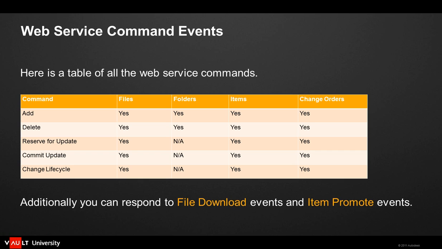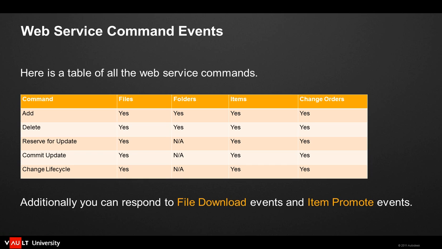So here's a chart that shows what actions you can have hooks for. I broke it up by feature and by entity. So for add, you've got a bunch of hooks there. Adding files, folders, items, change orders, you have hooks. Same with delete.